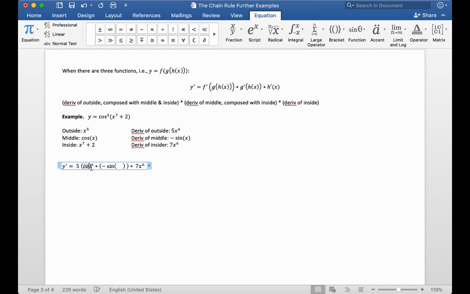So I'm going to have cosine of x to the seventh plus 2. That's what goes inside there. And then here, it's going to be minus sine of what's inside the cosine function originally, the inside function. And so that's also going to be x to the seventh plus 2.